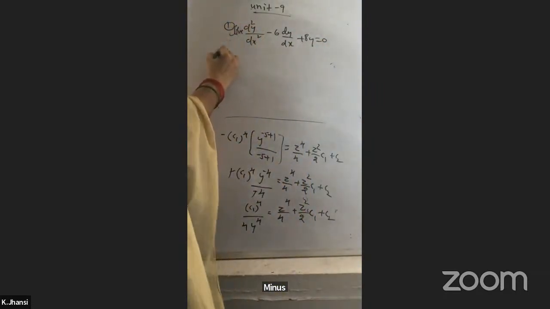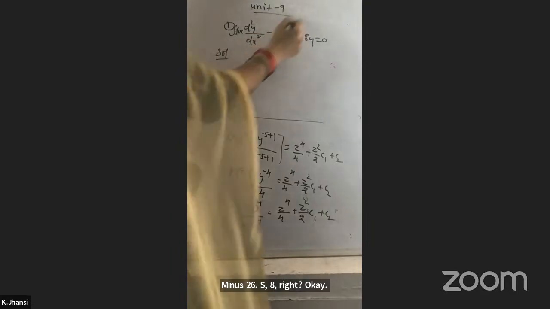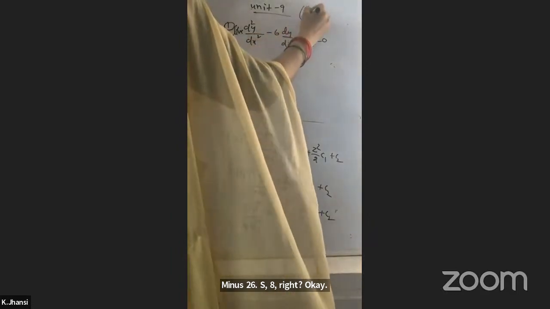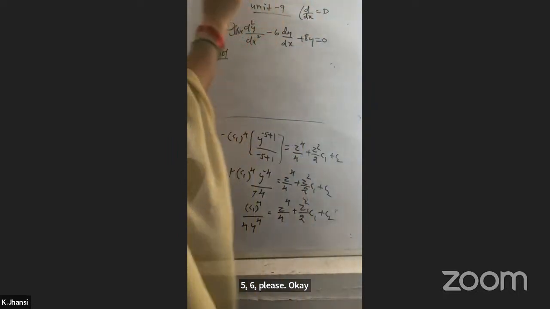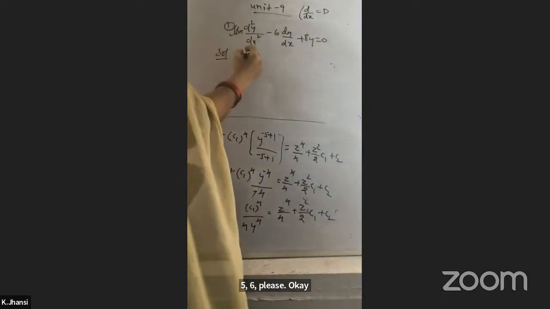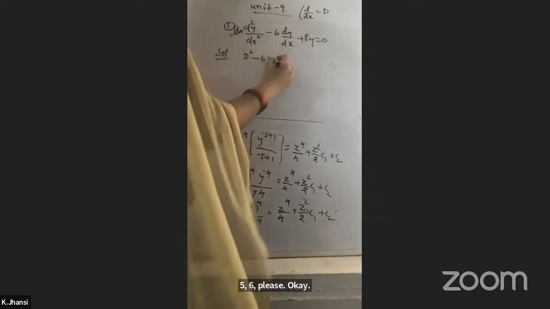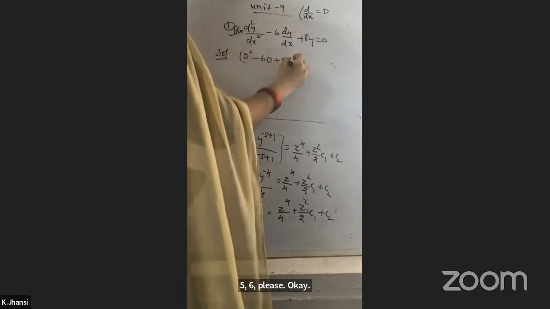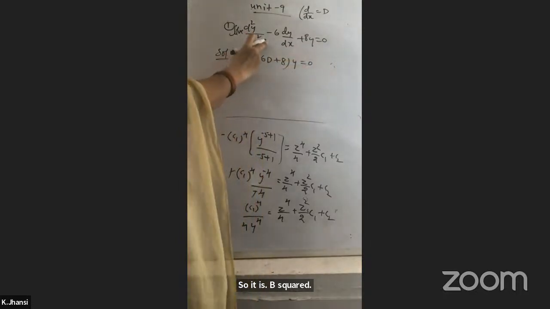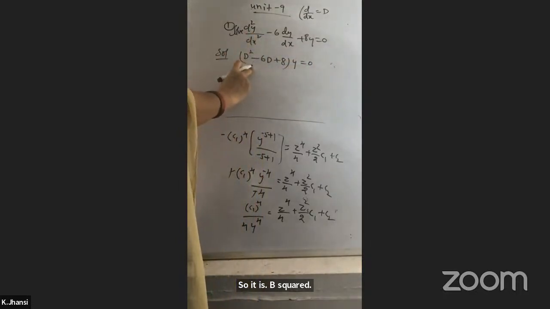So in the solution, this d square y by dx square, I have told already, d by dx we'll write as D. Okay. This is called the differential operator. So it is D square minus 6D plus 8 into y equals to 0. Whatever the above equation is, you are writing it as this one.